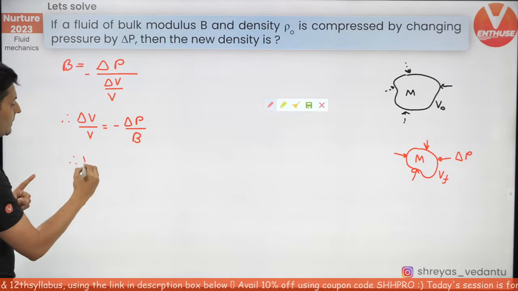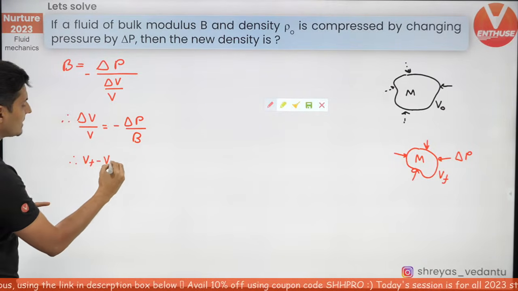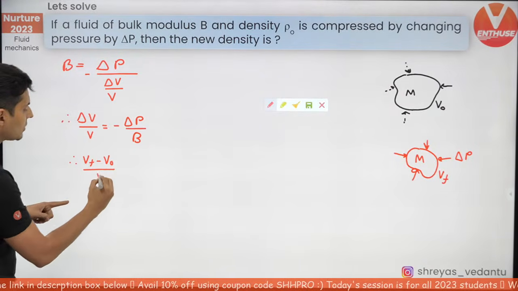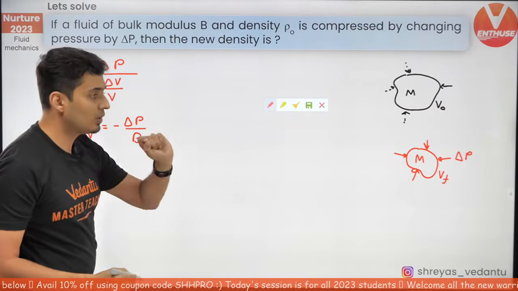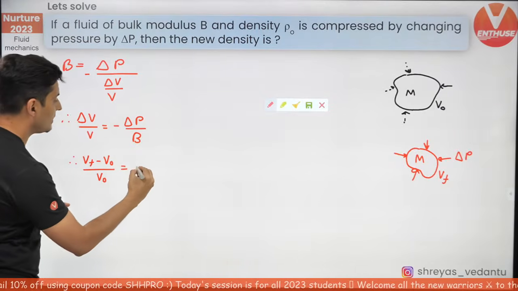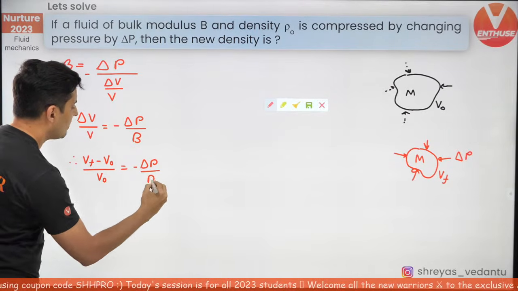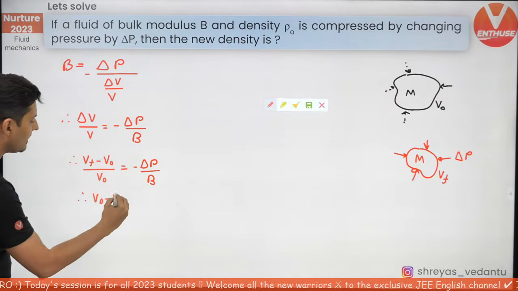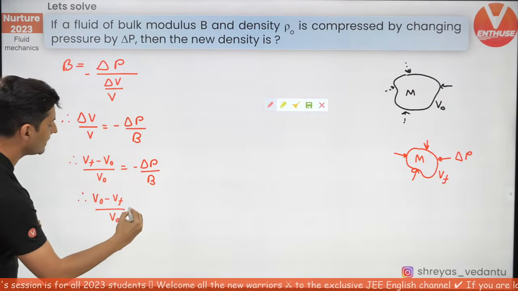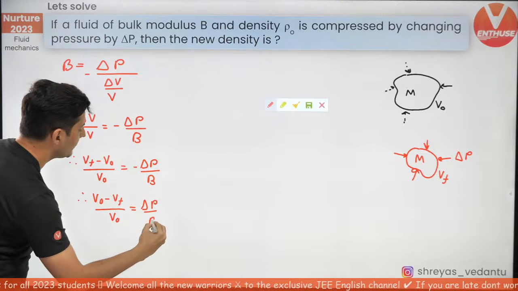It's final volume minus initial volume, and this is also the initial volume. V stands for initial volume, delta V stands for change in the volume. This is equal to minus delta P by B. Take this minus sign inside, so it will become V naught minus Vf divided by V naught is equal to delta P by B.